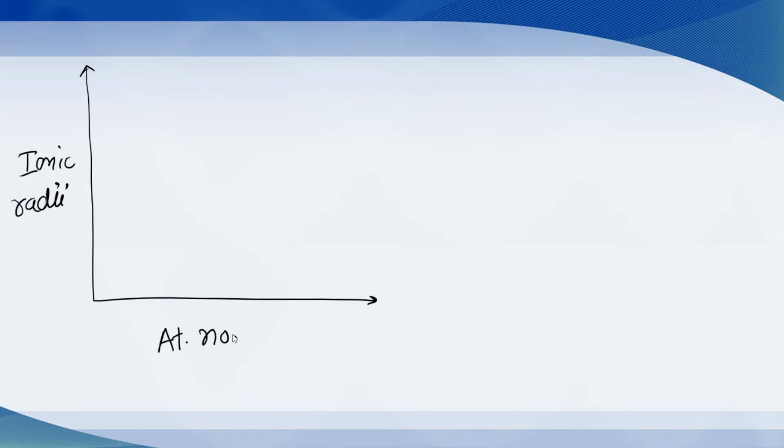Means if you plot a graph between atomic or ionic radii versus atomic number, then the graph is like this. And there is a steady decrease.